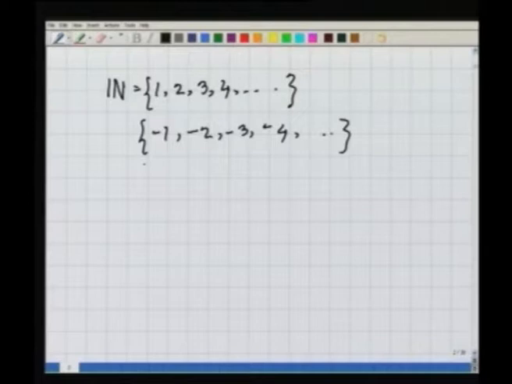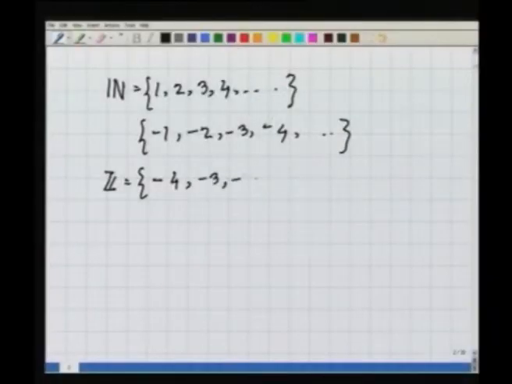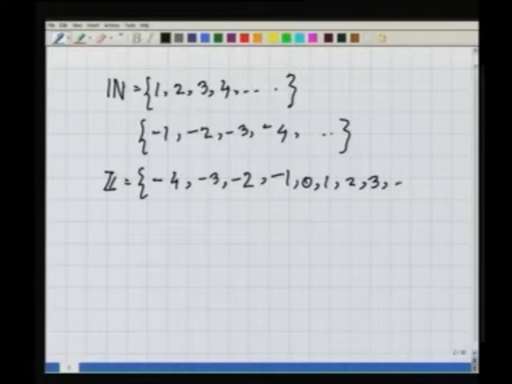We also have the number 0, and that comprises the set of integers denoted by Z. They are denoted by these numbers.